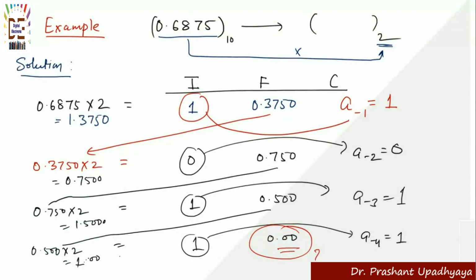In that case, what do you have to do? You have to obtain your result till you are getting the accuracy of a digit. So let's say if the number is repeating again and again, how much accuracy do you want? Generally, when we are talking about decimal points, if you are taking the reading of an oil or a liquid, you can obtain your result till 4 decimal points or 2 decimal points.